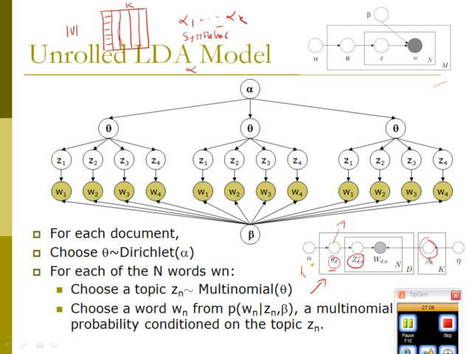Once I do this, you can actually look at this guy. This is an unrolled version of this. We'll talk about it in a minute, but that is what we are writing in shorthand form. Then on this side, the interesting thing is the topics are not at all document dependent.